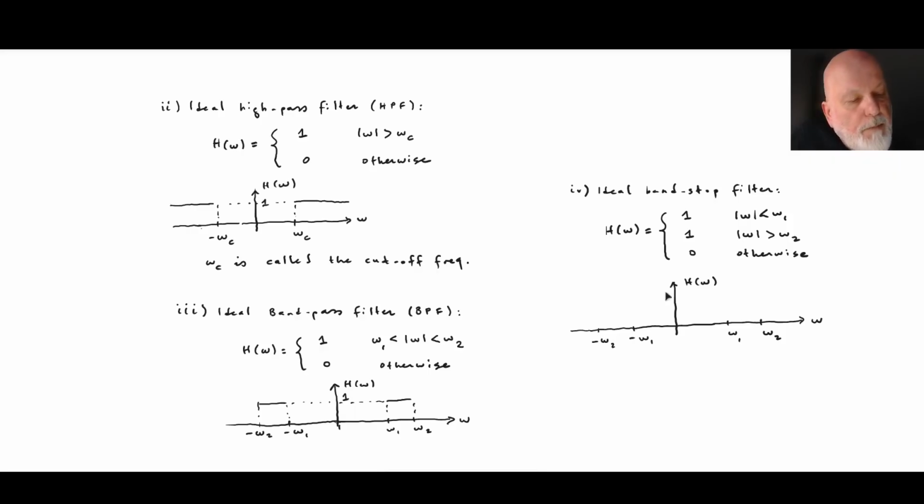So the interval absolute value of omega less than omega 1 means omega is between minus omega 1 and omega 1.